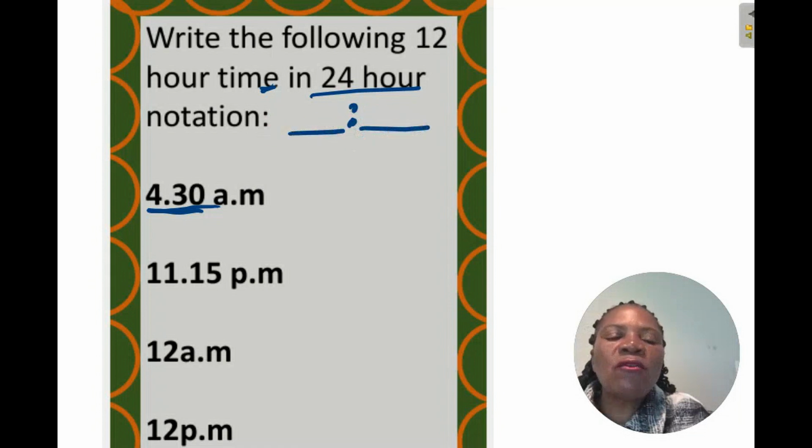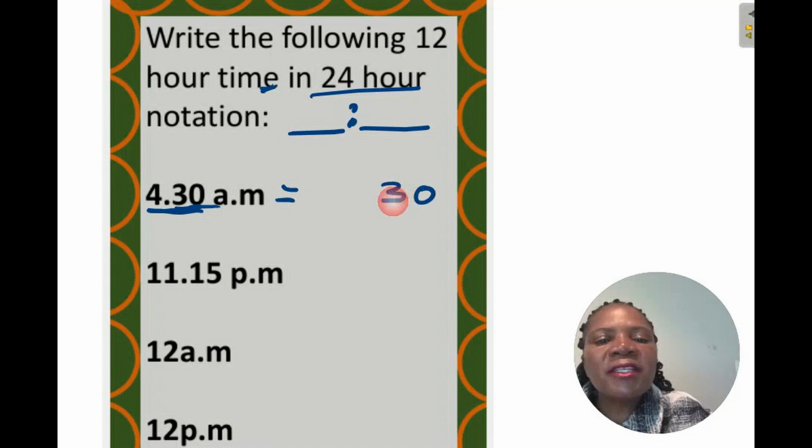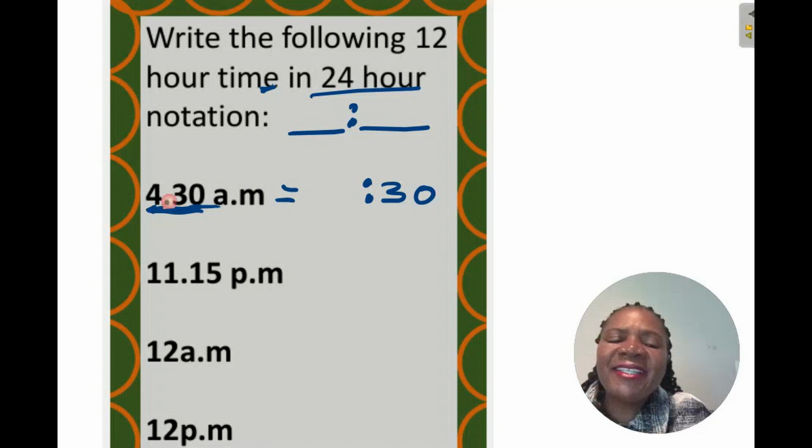So when we look at the minutes there, the minutes is 30, and we write our colon there. Then we have got 4 hours, which means it is still early in the morning. We have our 4 and we put a 0 there to make it 2 digits, and 2 for the minutes.